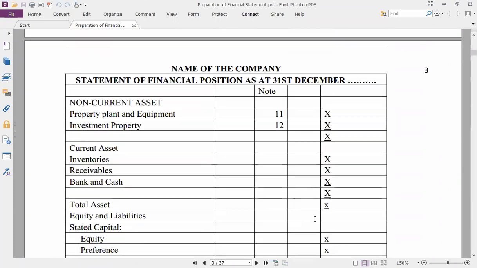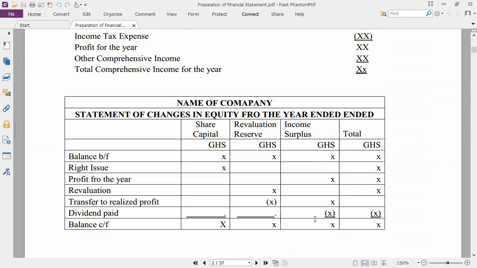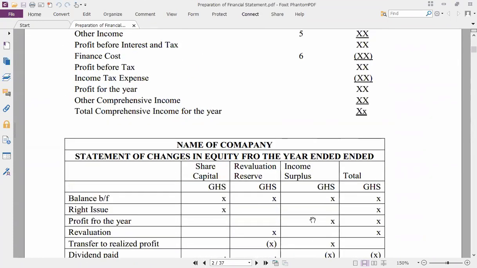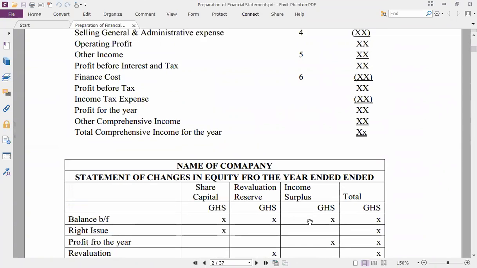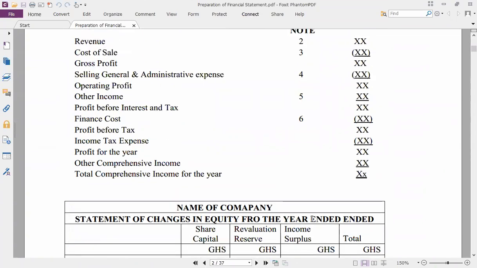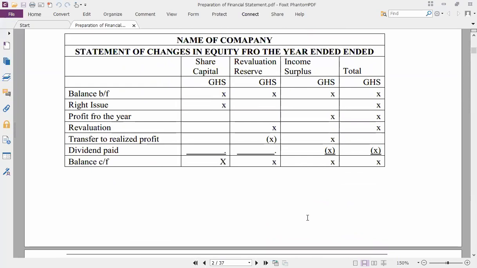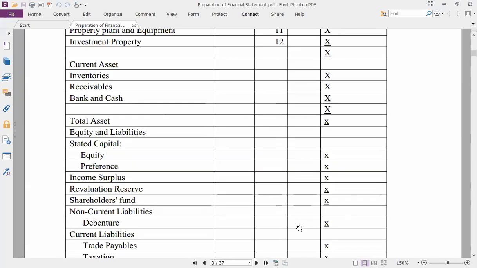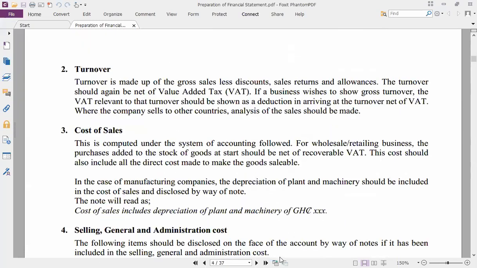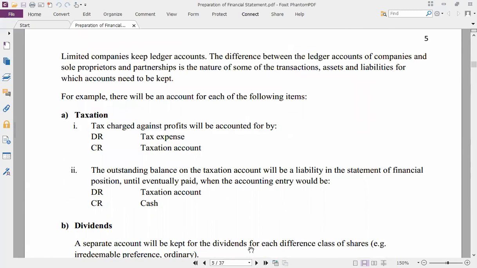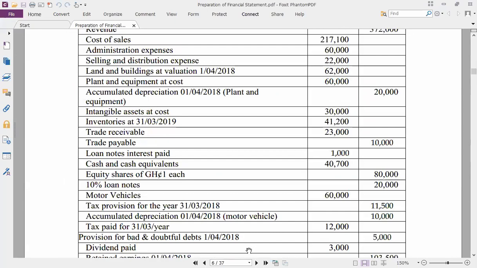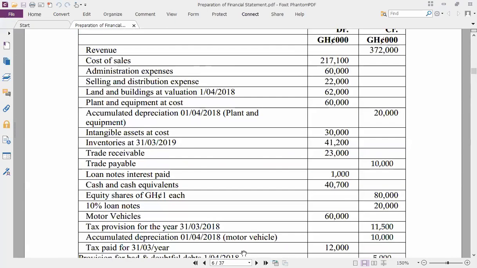Again, all the formats have been provided, but I think the detailed one is what we did together. So you have all of them in here, then some supplementary notes.